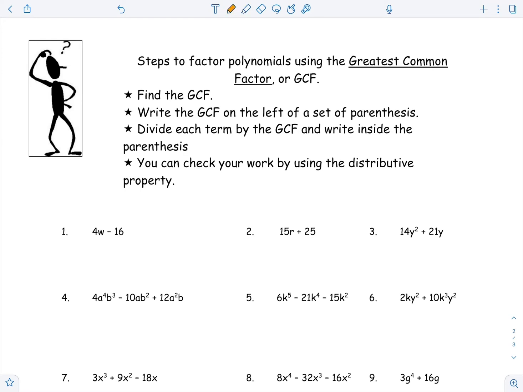So let's say, for instance, we have with number 1, 4w minus 16. Note our terms here are 4w and 16, right? The factors of 4w are 1 times 4 and then 2 times 2. So we're just going to write 2 and then there's w.